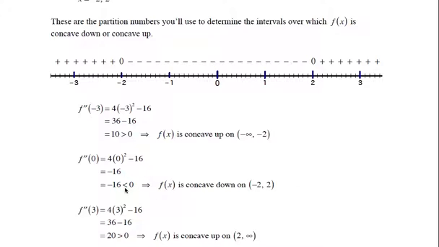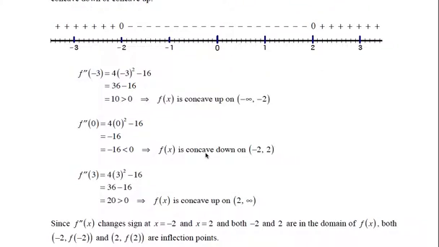Well, -16 is less than 0. It's negative, and so that means that the function is concave down on this entire interval. That's what I've got marked here: positive below -2, negative between -2 and +2, and we know that negative values mean downward concavity, positive values mean upward.